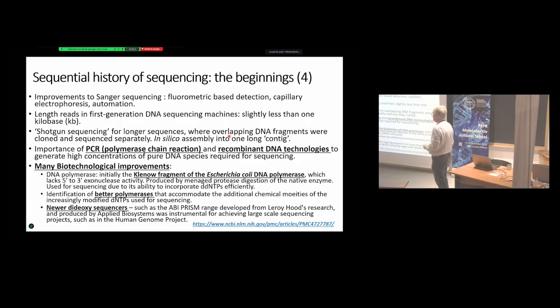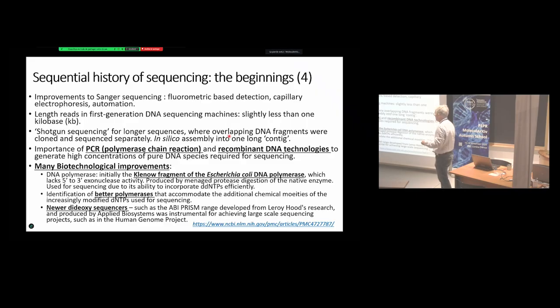And what was also quite important was all the action around the technology of recombinant DNA to generate high concentrations of pure DNA species, and also all the enzymes, in a way that were well described yesterday, in terms of optimizing the quality of the enzyme.